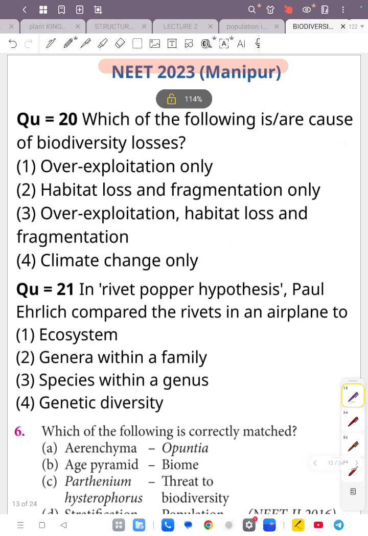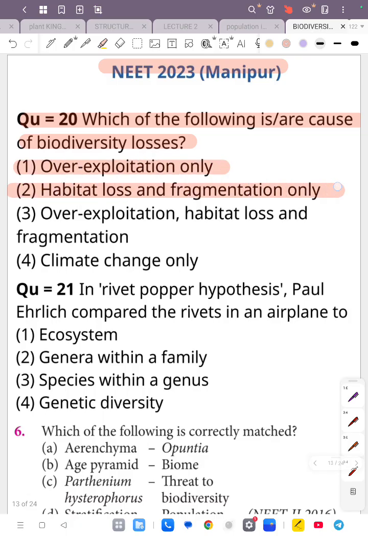Now this is from NEET 2023. The question here says, which of the following is/are causes of biodiversity losses? Option one, overexploitation only. Option two, habitat loss and fragmentation only. Option three, overexploitation and habitat loss and fragmentation. Or option four, climate change only.